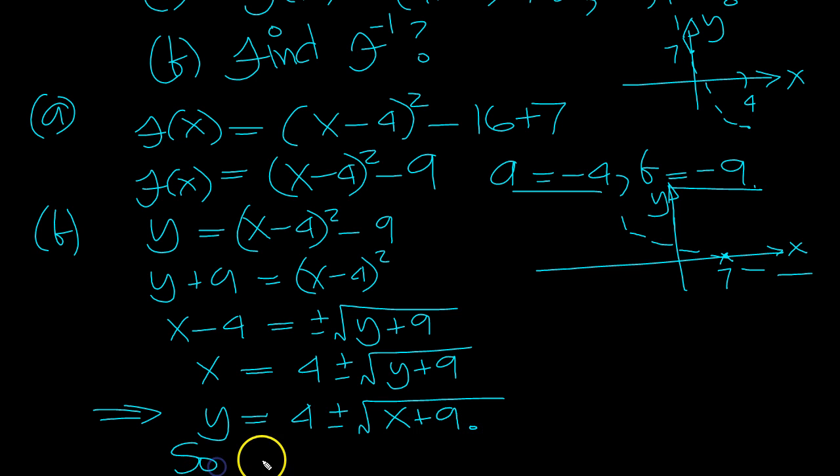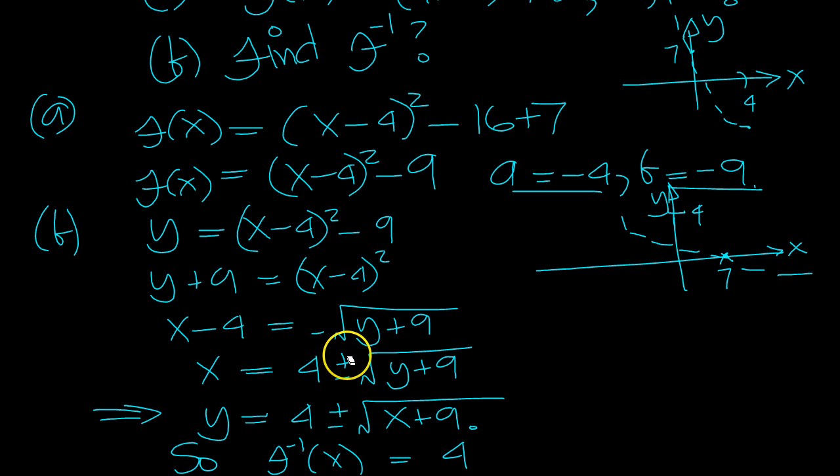So the inverse function then must equal 4. Now is it plus or minus? 4 plus or minus, so what value was this here? This was the 4, and there you got, so that would be the height 4. So the maximum height of the inverse function is 4, so it has to be 4 minus, doesn't it?